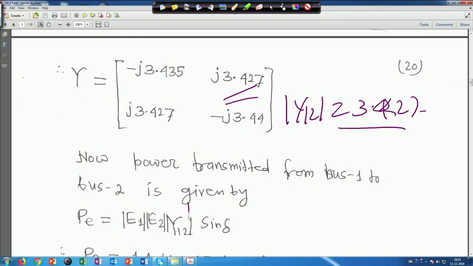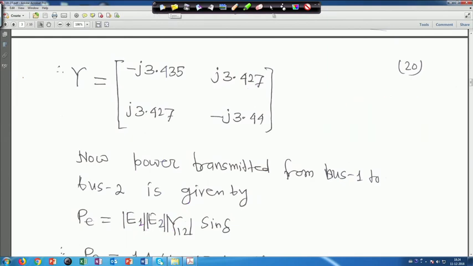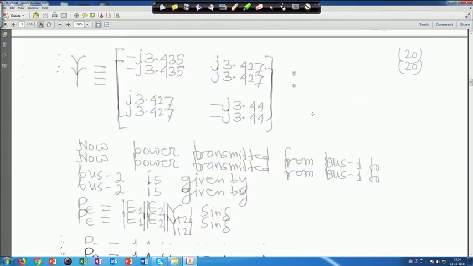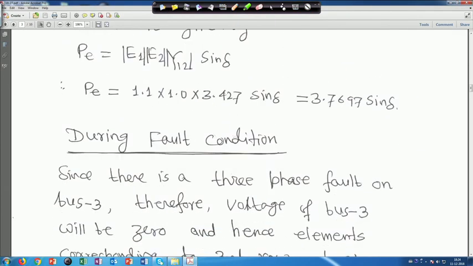So, you substitute, and during the pre-fault condition, P is equal to 1.1 into 1.0 into 3.427 sin delta. So, this is actually 3.7697 sin delta, this is your pre-fault condition, right.